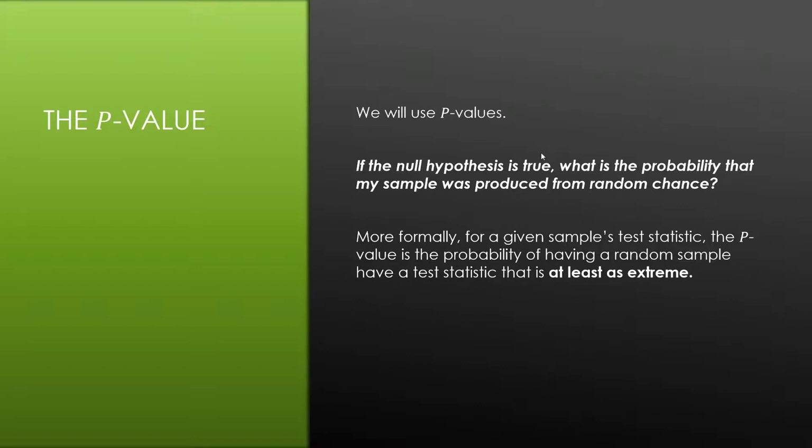That's a lot to take in. But again, assuming the null hypothesis is true, whatever your focal value was, what's the probability that the sample you measured came about the way it did?